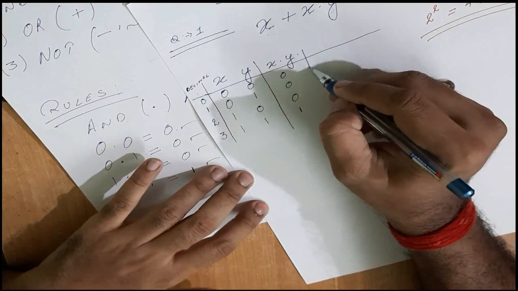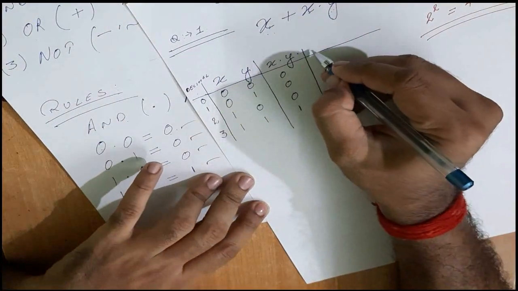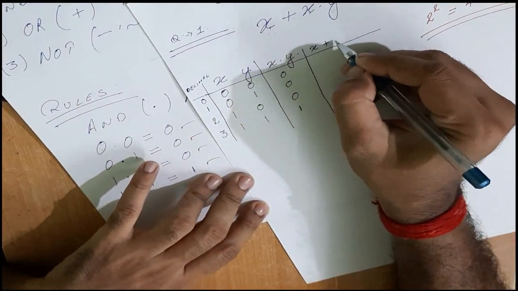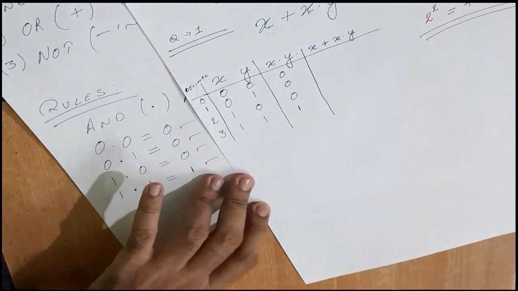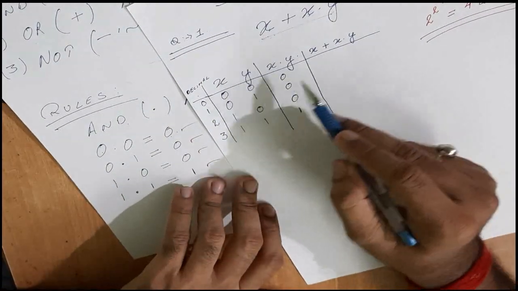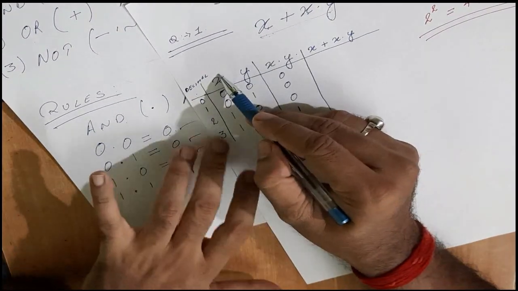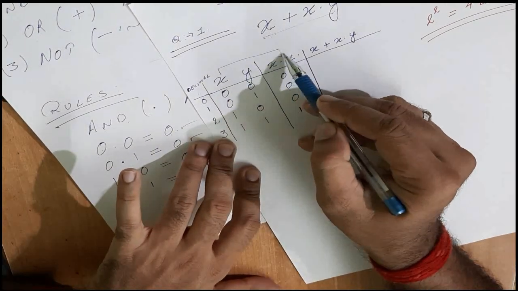Now, the next one is x plus x dot y. So let's see this. Now, we need to add x with the result of x dot y.